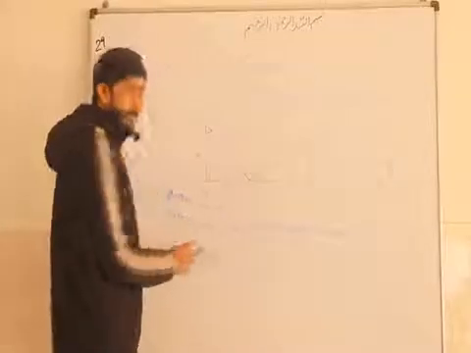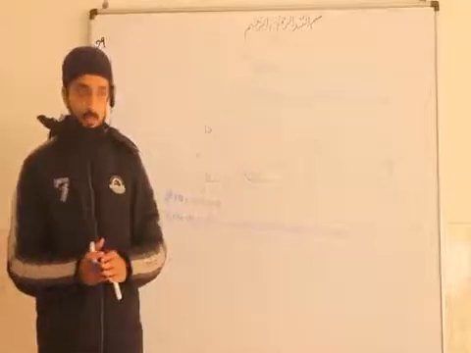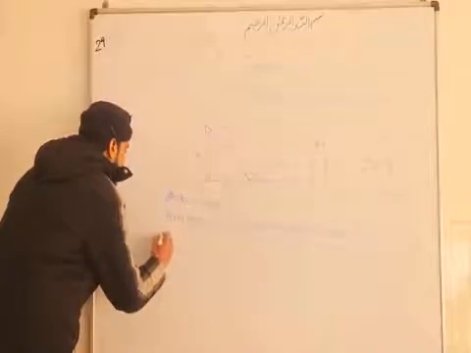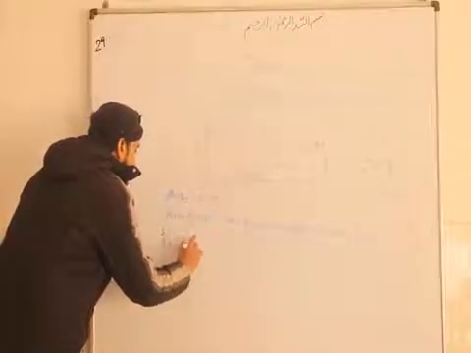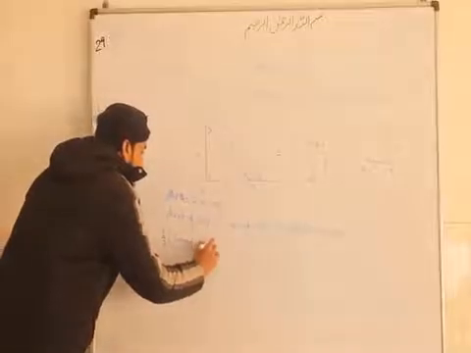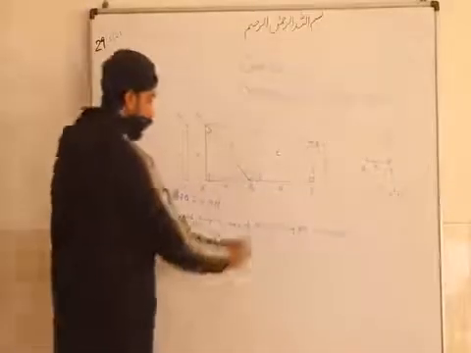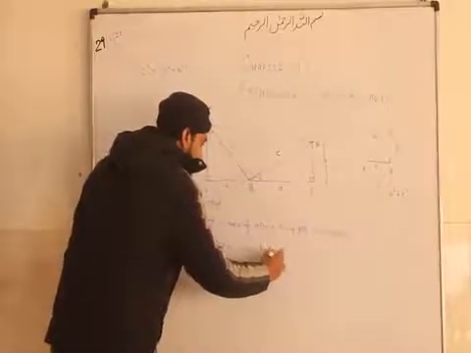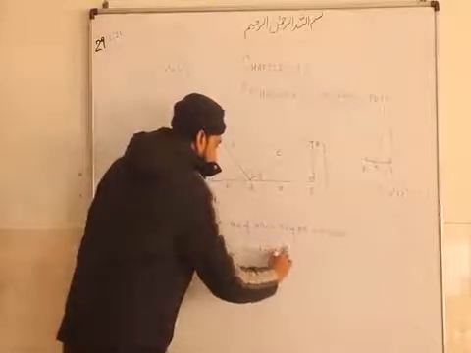So what is the formula for the area of a trapezium? It is half into the sum of parallel sides into height. So this is half into the sum of parallel sides into height, equal to the area of a right triangle, which is half into base into height.